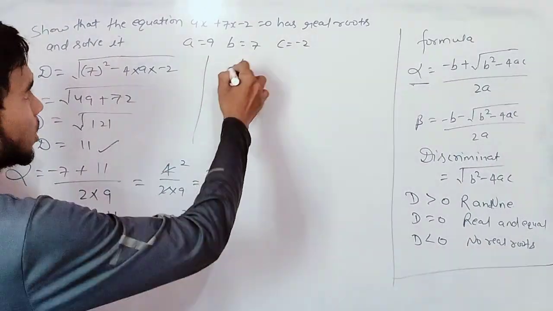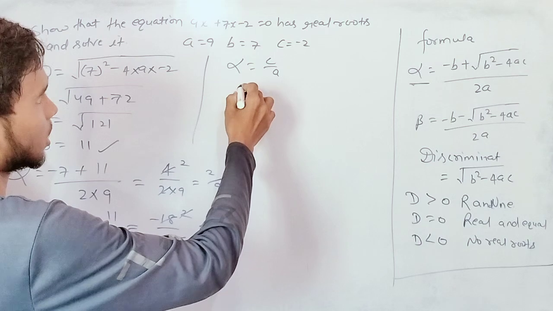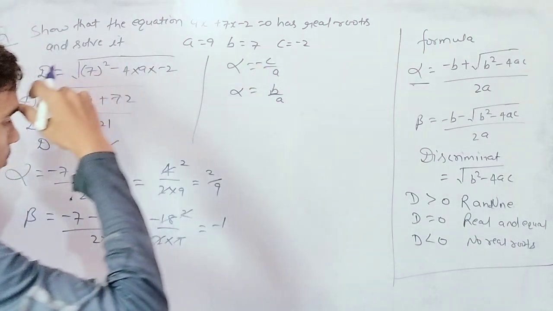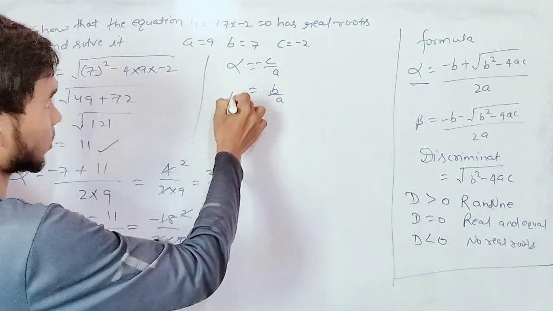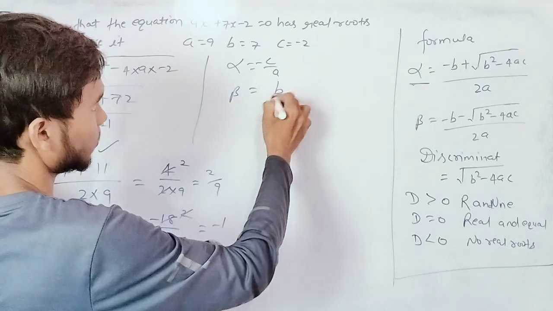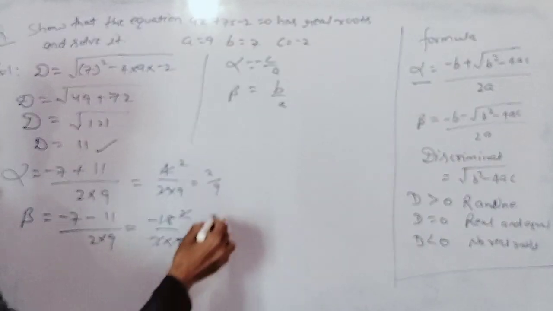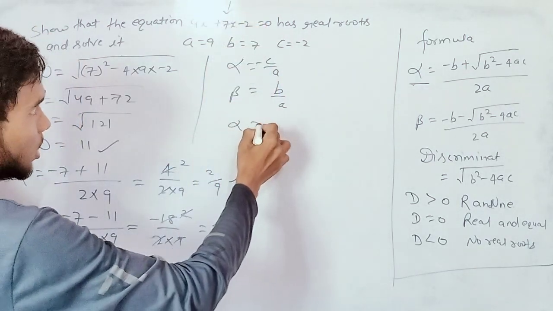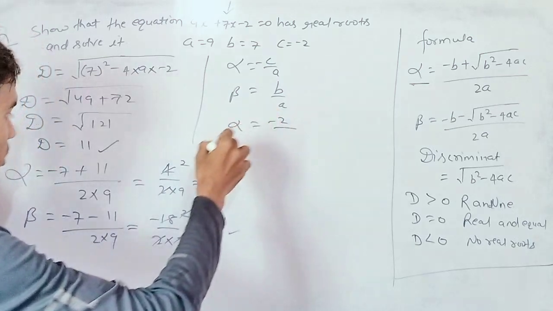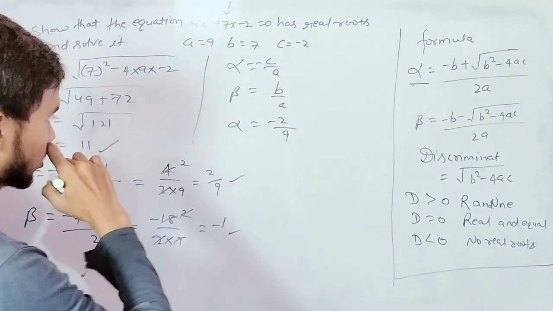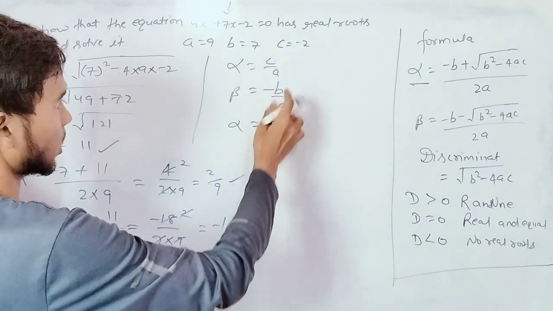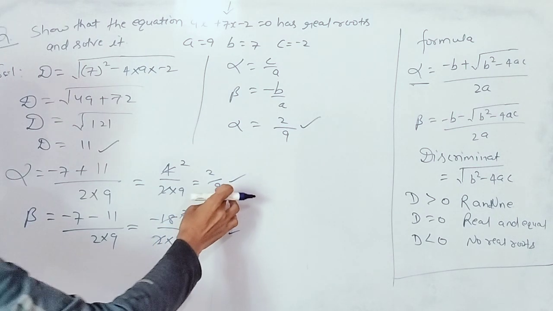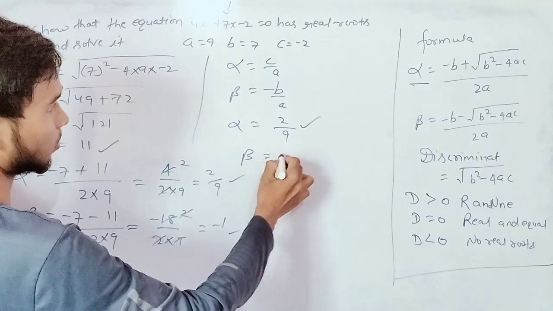As you know, the product of roots alpha beta is equal to c upon a, and the sum is equal to minus b upon a. Here, these are the roots of this equation. C is minus 2, and A is 9. So here you can see one real root is 2 upon 9, and the other root, beta, is minus 1.